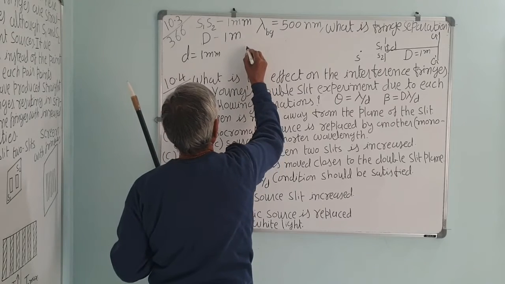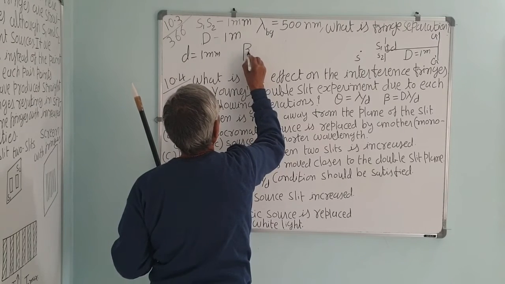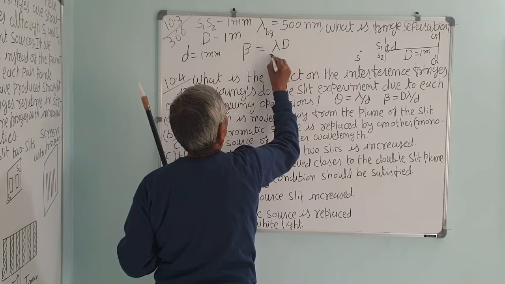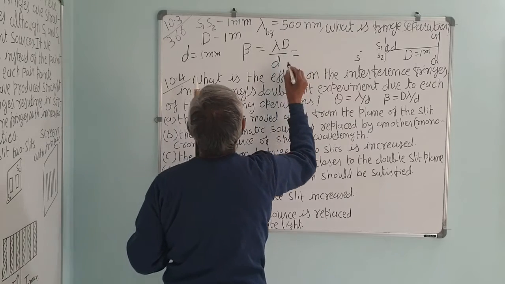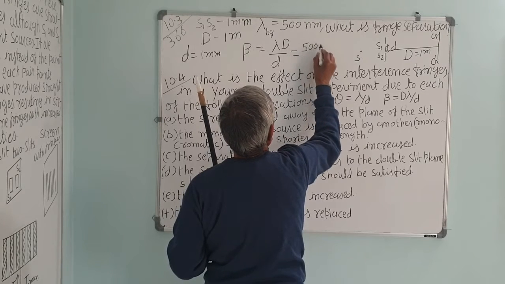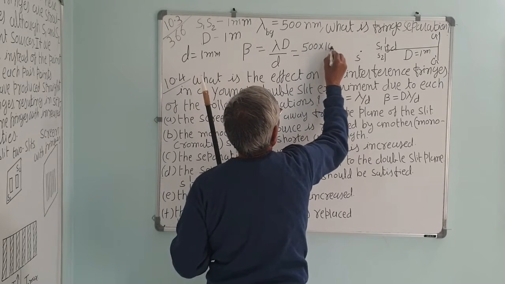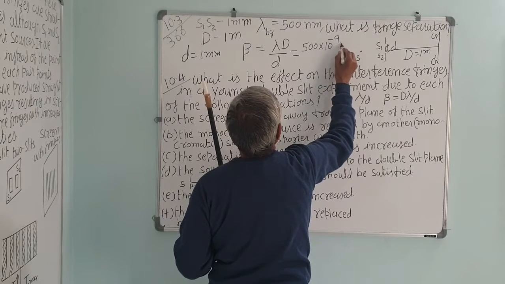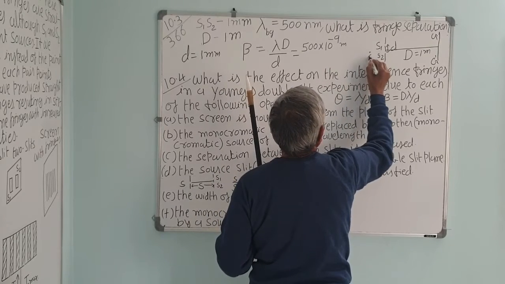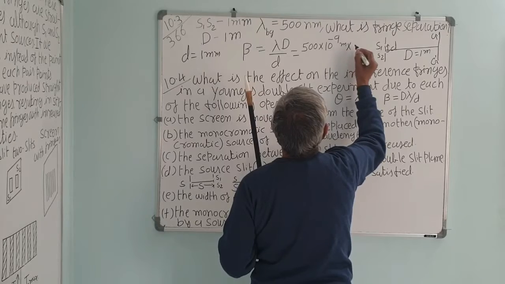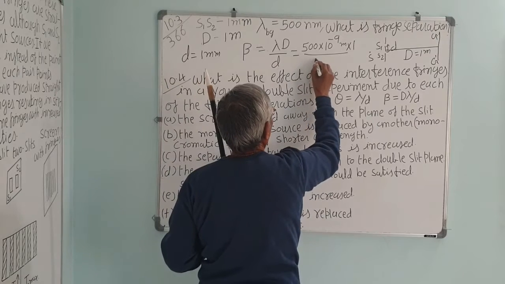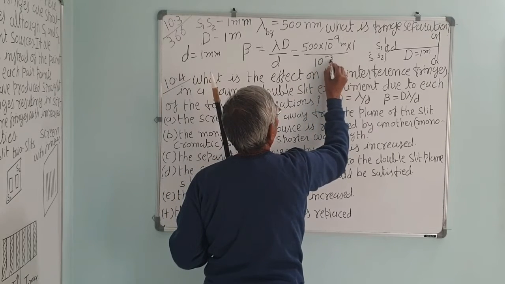Fringe separation, we know that beta is equal to lambda D upon d. Suppose the value of lambda is 500 into 10 raised to minus 9 meter, into capital D, 1 meter, upon small d, 1 millimeter, that is 10 raised to minus 3 meter.